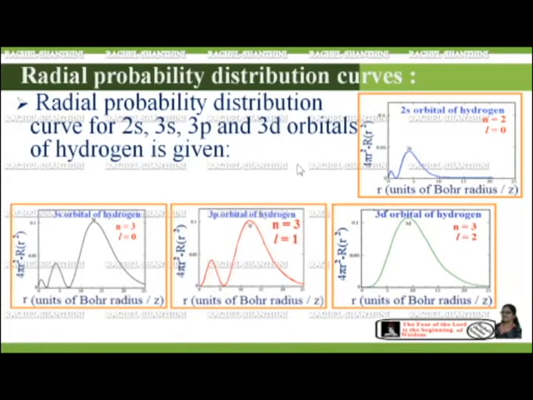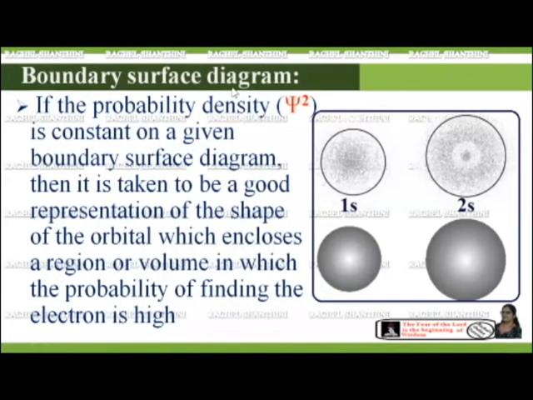Boundary surface diagram. The probability density of an electron is not uniform in an atom. You could see it is very dense in some regions and very less in some other regions, right? Here in the 2s orbital also, you could see it is very dense in this particular region and becomes very less over here, and again it becomes very dense in this region and very less.